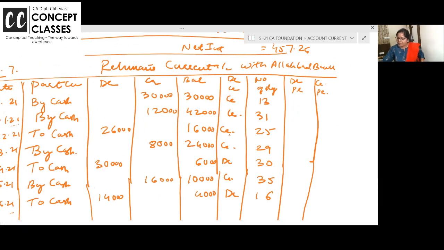So now let's do 30,000 into 13. 3,90,000 credit balance. 42,000 into 31, 13,02,000 credit balance. 16,000 into 25, 4 lakh credit balance. 24,000 into 29, 6,96,000 credit balance.